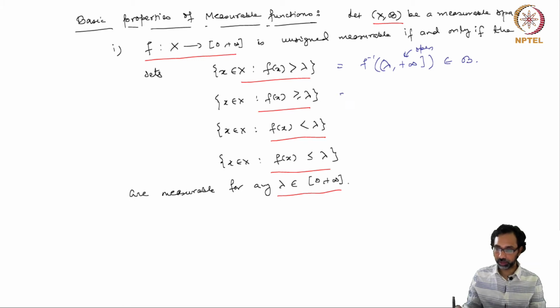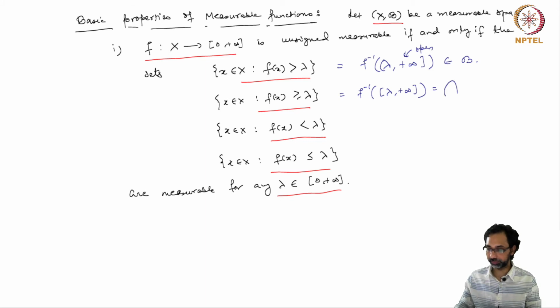Similarly, we can show that the set where f(x) is greater than or equal to lambda is the preimage of [lambda, plus infinity), and this can be written as the intersection of the sets f inverse of the open intervals (lambda minus 1/k, plus infinity), where k is from 1 to infinity. These are all open sets, and so these are measurable.